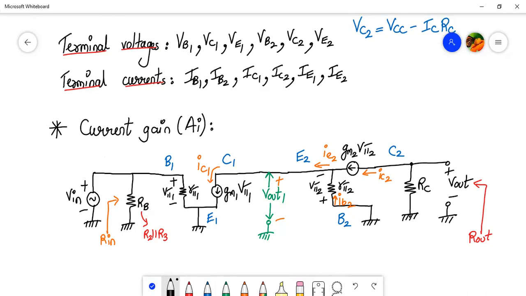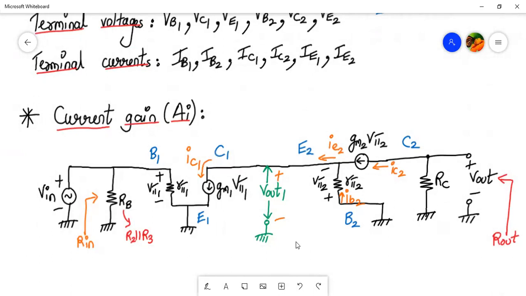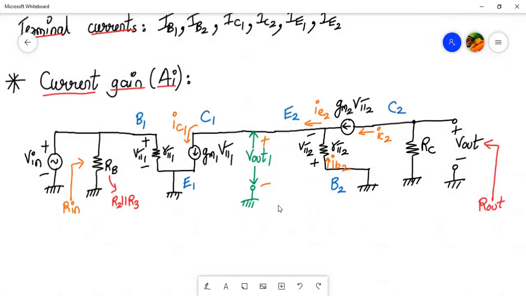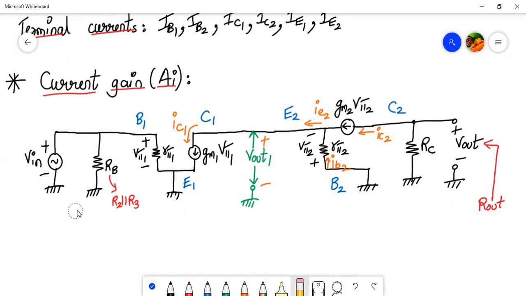Current gain for a cascade amplifier, we will consider the same mid-frequency small signal equivalent circuit, but with slight modifications. Everywhere we will mark the current levels. Okay, so let me begin. Also, let me rub out the R in and R out, because that is not the aim right now. Okay, let me start from here.